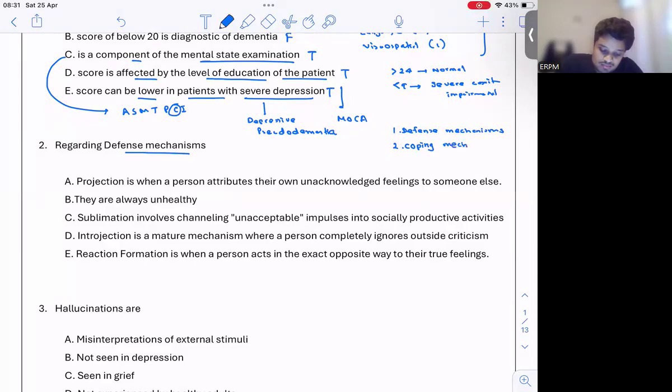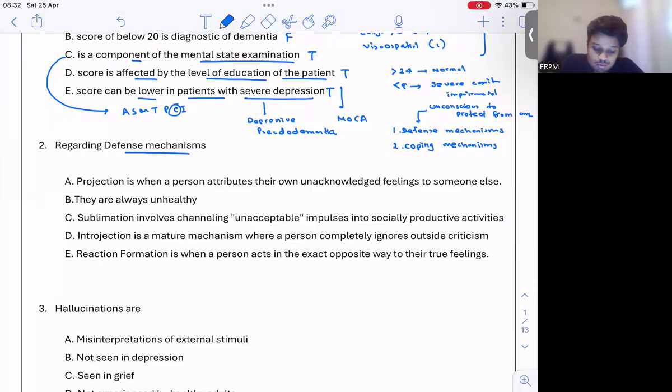What is the difference between defense mechanisms and coping mechanisms? Defense mechanisms are unconscious efforts. The patient is not aware. Unconscious efforts to protect the patient from anxiety whenever the patient faces a problem.